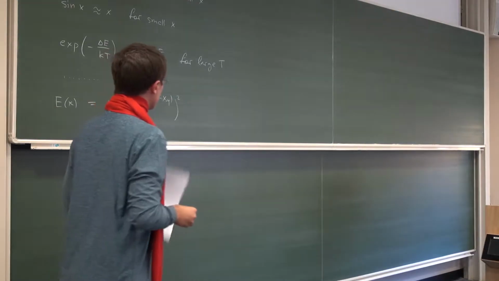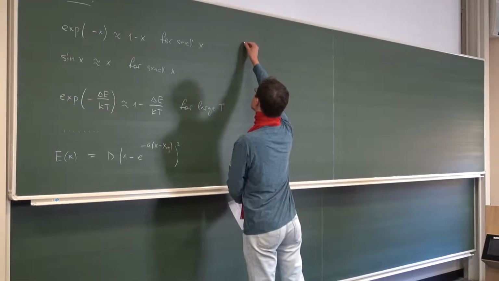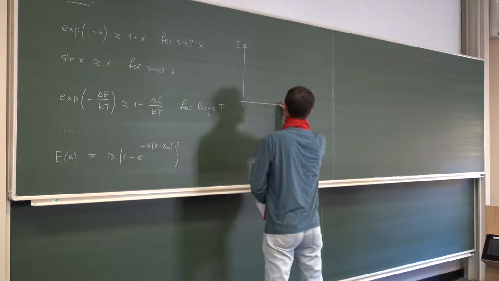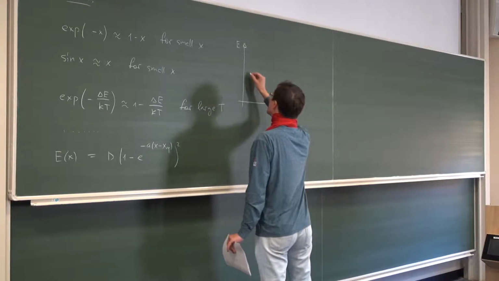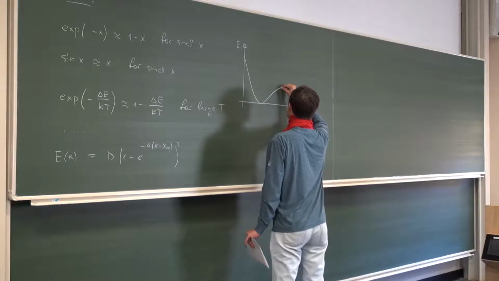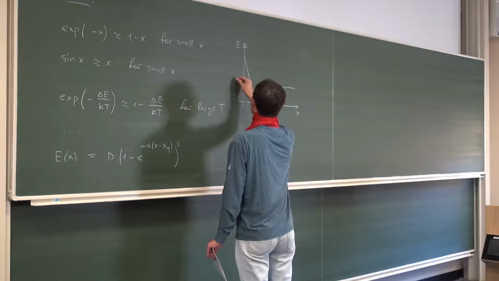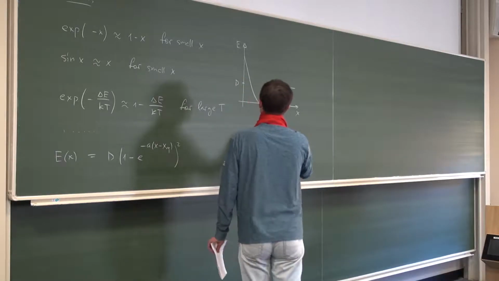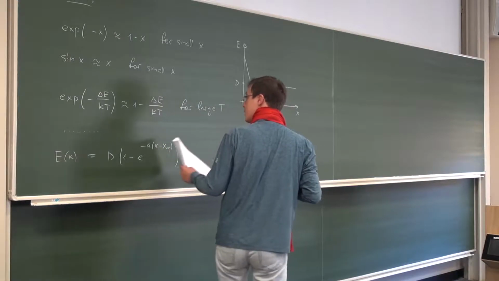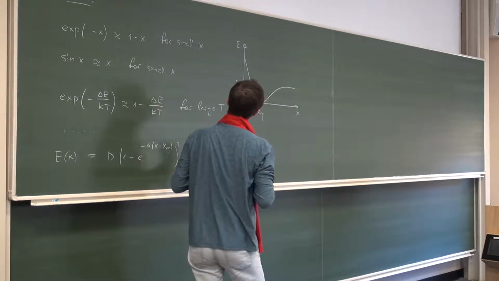So this function was a dip, and we discussed it in the previous lecture. It looks like this. So that's the energy, and this is x. And so it starts off somewhere here, goes to 0, and then levels off. And that is the x equilibrium. And a here is the measure of how narrow this well is.